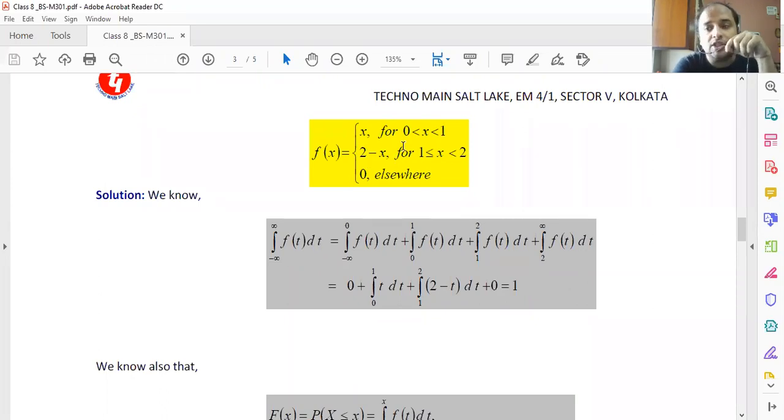Suppose I am giving you a chart, and suppose I am considering the discrete case, and I'm giving you a distribution where values of x and probabilities of x are given. If I claim that it is a probability mass function, then you shouldn't believe me until you check whether the total probability sums to 1 or not.